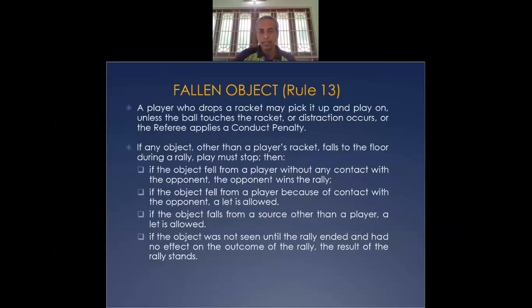But if a part of the racket falls somewhere, like the cover at the bottom of the hollow part of the handle, those are all fallen off. If the whole racket falls and the player picks it up and continues the rally, we don't give a point to the opponent. If any part of the racket falls, any loose object falls, then it is a point to the opponent.